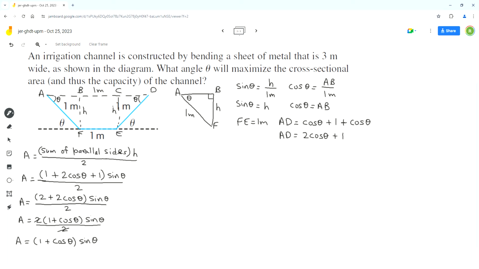Now we can write the domain for this function. Theta has to be greater than 0, because if theta is 0, then the non-parallel sides of the trapezoid will be horizontal, and the channel won't be able to hold any water.